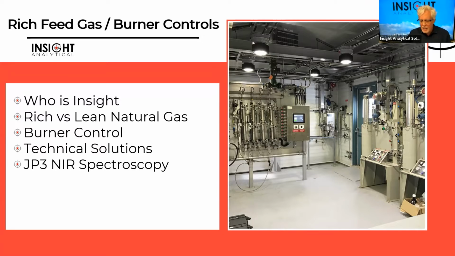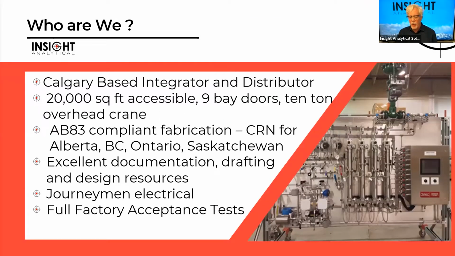So with that, I'm going to talk a little bit about who Insight is. We're a Calgary-based systems integrator, distributor, and manufacturer of some sampling system products. We run a 20,000 square foot accessible shop in Northeast Calgary, Alberta, Canada, with 9 bay doors and a 10-ton overhead crane that lets us bring a full analyzer building or panel in straight off the back of a flatbed.